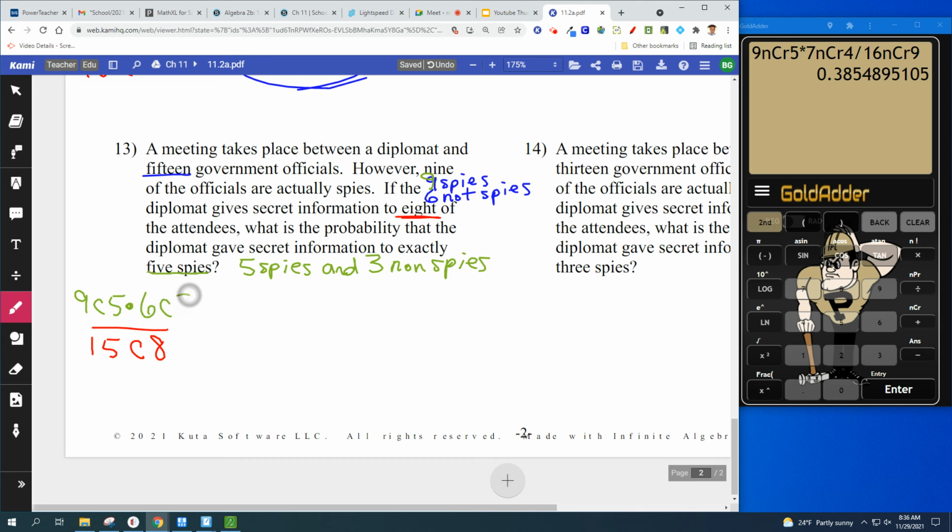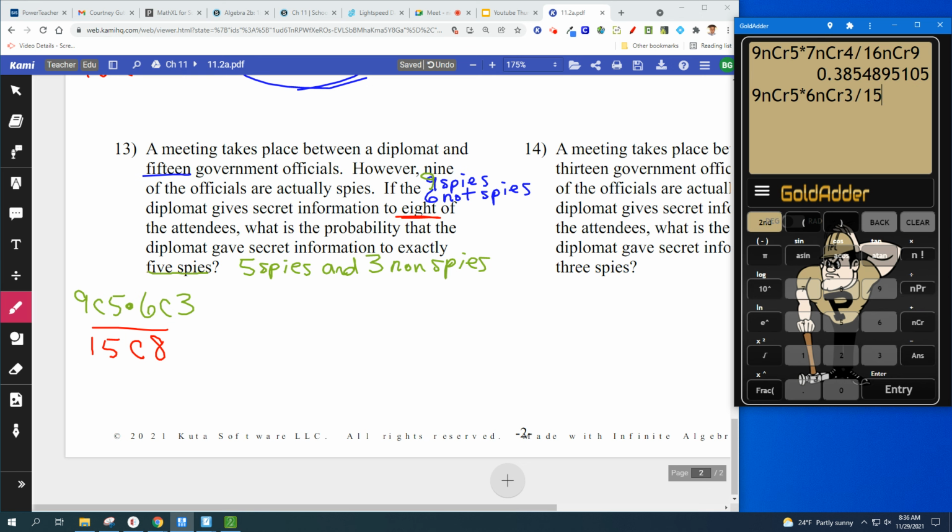So 6 choose 3 right there. And so that's going to be our answer. We can type all of that in. 0.3916.